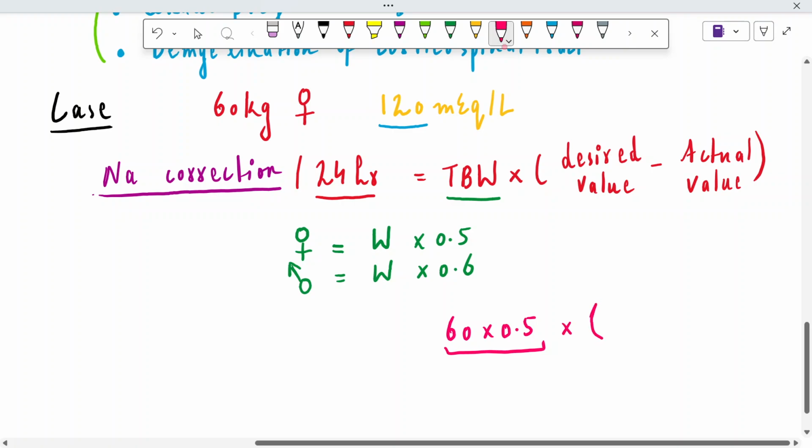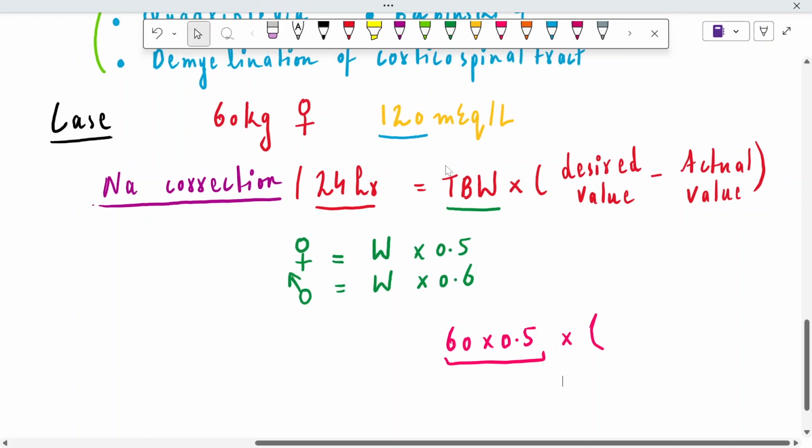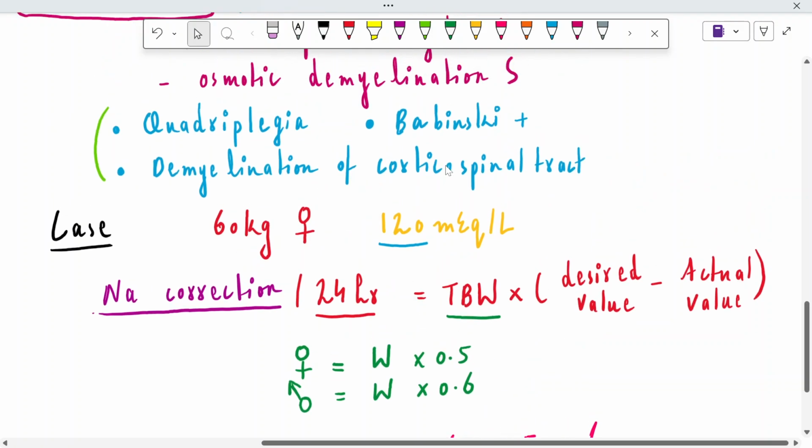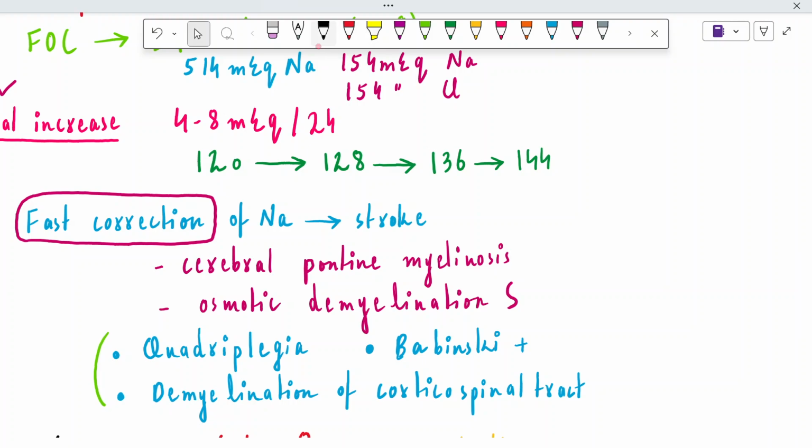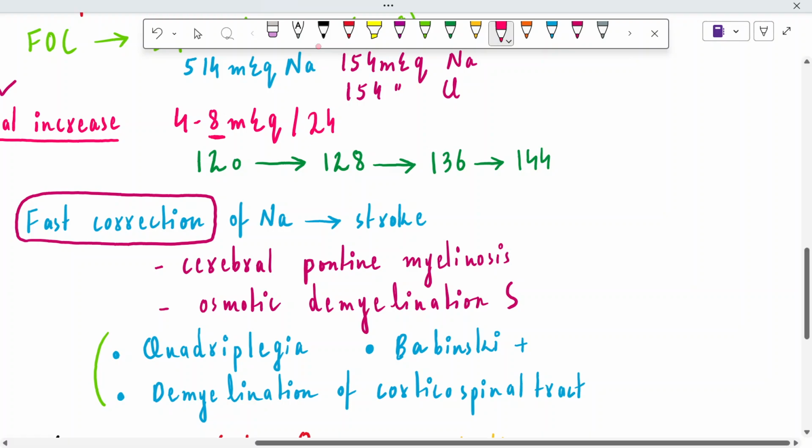Then the desired value. What is the desired value? I have told you that the laboratory value when she was brought to hospital is 120 milliequivalents per liter. But as I have told you, in 24 hours we should only increase 8 milliequivalents of the sodium.